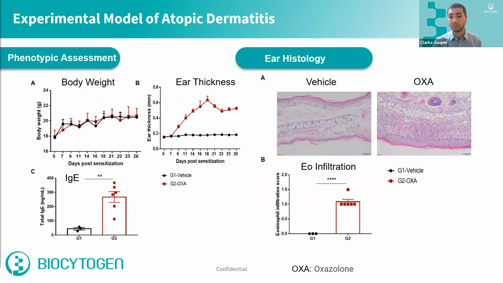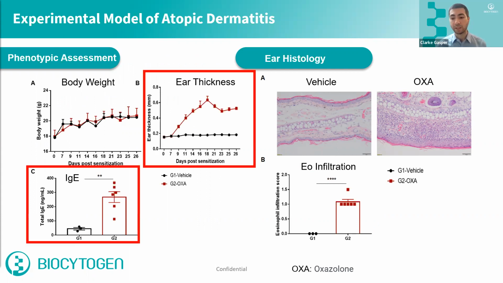And so in this model of AD, ear thickness of the mice is monitored, as it should increase in response to oxazolone, and serum IgE production is also measured. Looking at the data in red, both show a significant increase compared to the vehicle control in black.